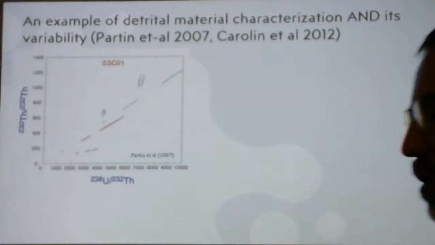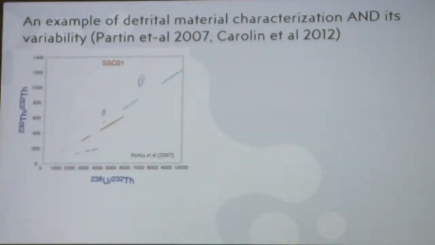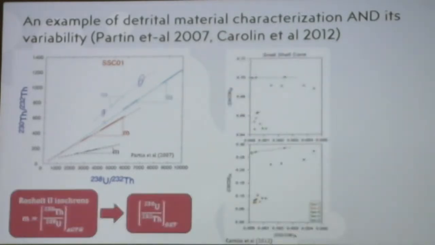I'm not going to go into the details, but that's one of the things that has to be done. So they actually calculated from the slopes here different compositions for the detrital material. And in Carolin 2012, and I'm comparing this because they are from the same cave, they're doing exactly the same thing, but using Osmond isotopes.